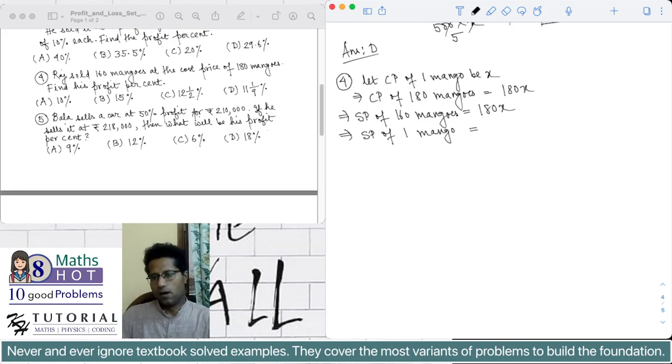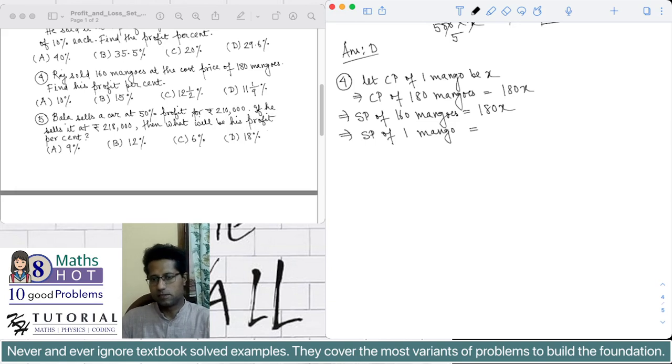Now, the calculation will be easy if you consider one mango, but you can consider any number of mangoes. Whenever you have to find the loss percent or profit percent, the actual number of articles involved does not matter, but the number of articles should be equal for finding the cost price and the selling price.